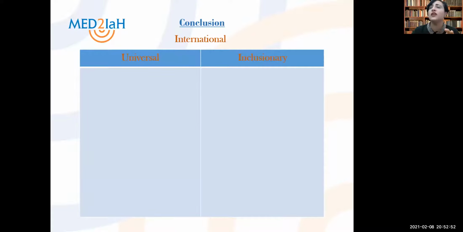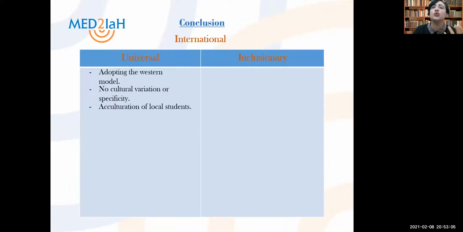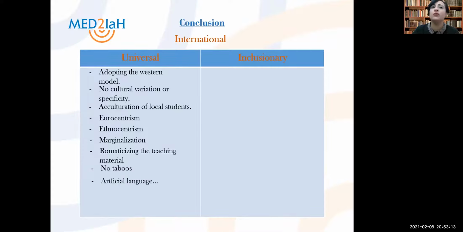So, this is a table in which I summarized everything I was speaking about. If we adopt the universal meaning of international, this is what we will have. We'll adopt the Western model, no cultural variation or specificity, acculturation of local students, Eurocentrism, ethnocentrism, marginalization, romanticizing the teaching material, no taboos, artificial language, etc.